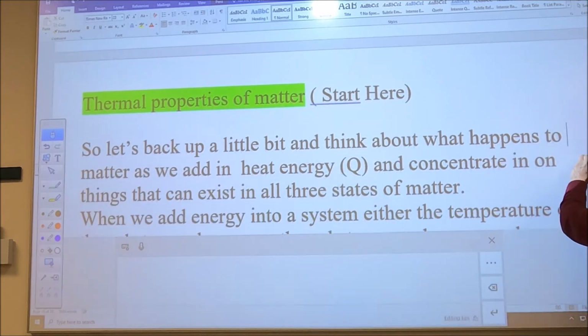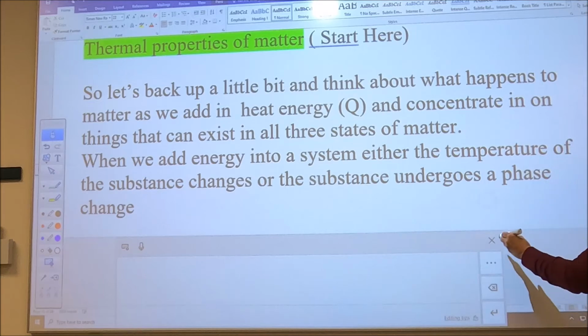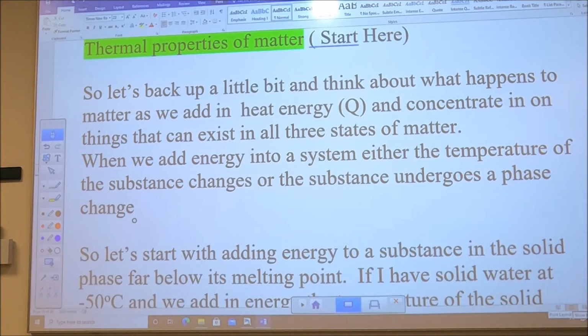Now, thermal properties. We've been concentrating so far in this chapter on gases, but we're going to spend a little time here talking about what happens when we add heat energy in and we're not in the gas phase. We're in the solid phase, we're in the liquid phase.